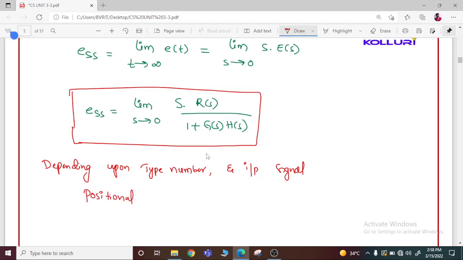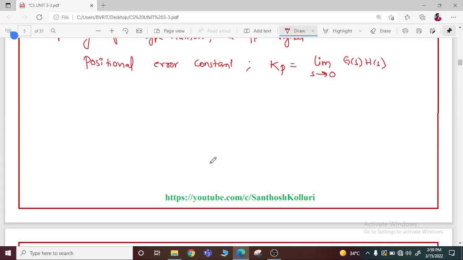the positional error constant, represented with Kp, which is equal to limit s tends to 0 of G(s)H(s). This is the positional error constant.